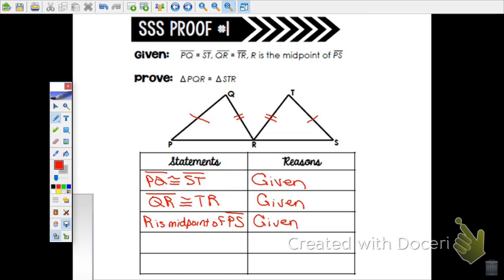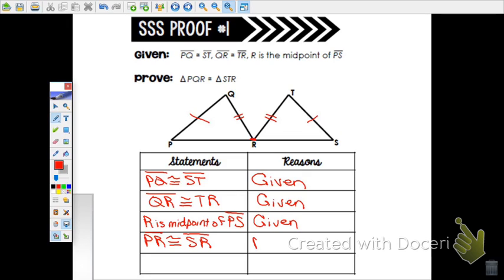When I look, if R is the midpoint, what does that tell us? PR is congruent to SR. Okay, so PR is congruent to SR. And what is the reason?